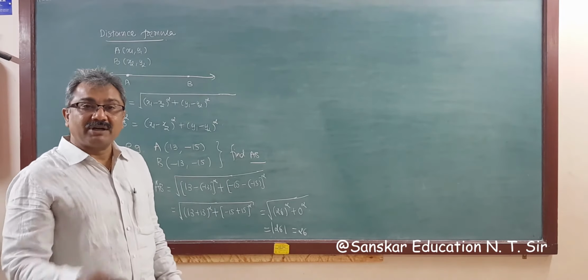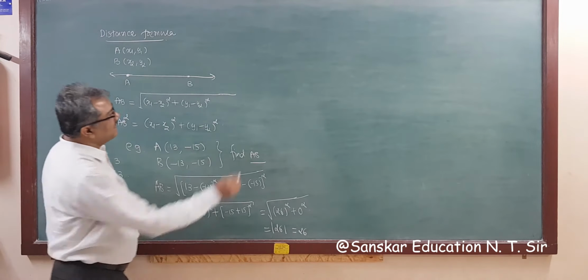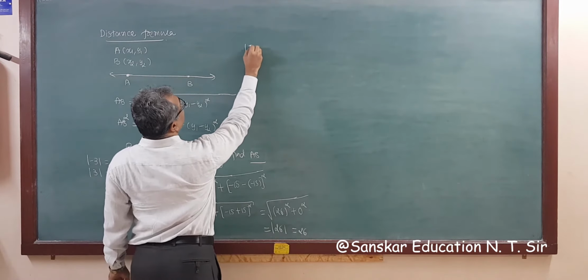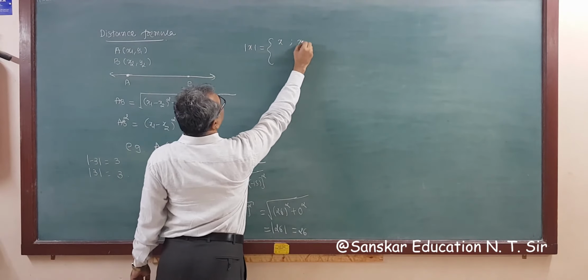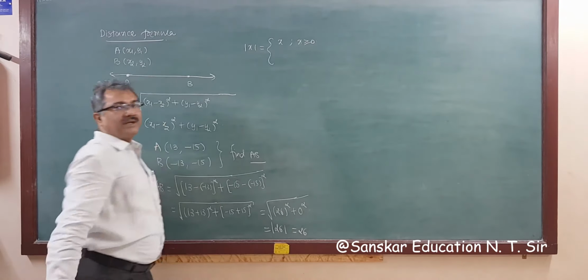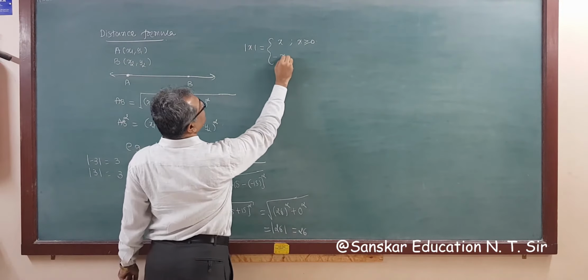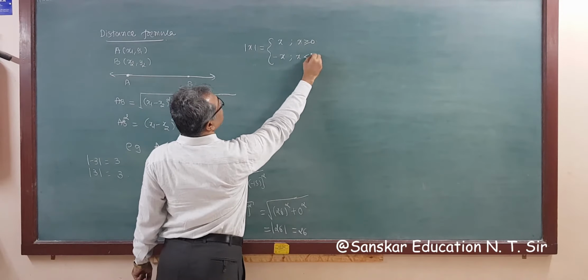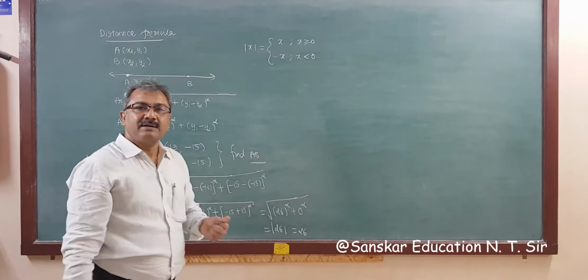But how does it come? See here. The definition of modulus is like this: modulus of x is equal to x if x is greater than or equal to 0, and the answer is minus x if x is less than 0.